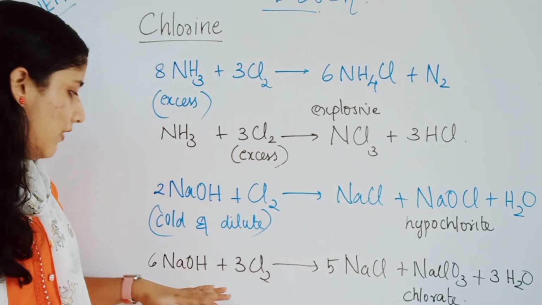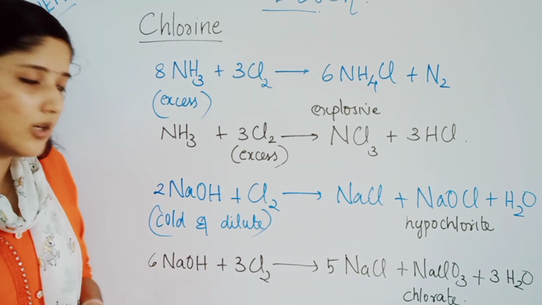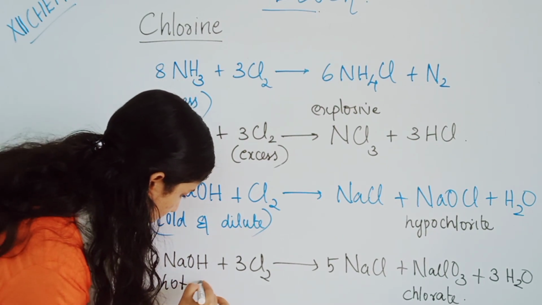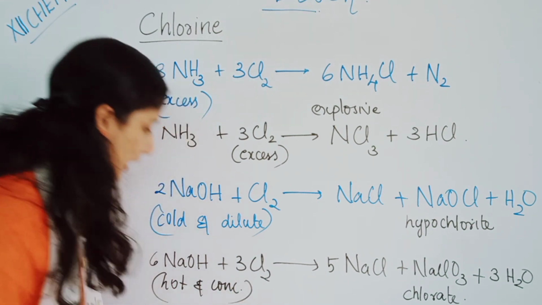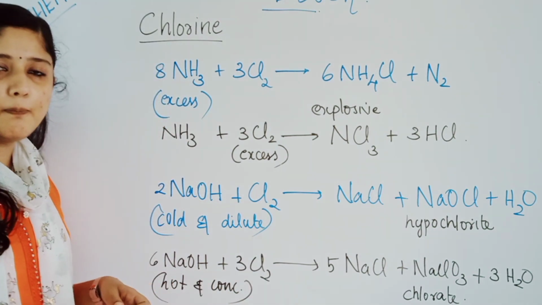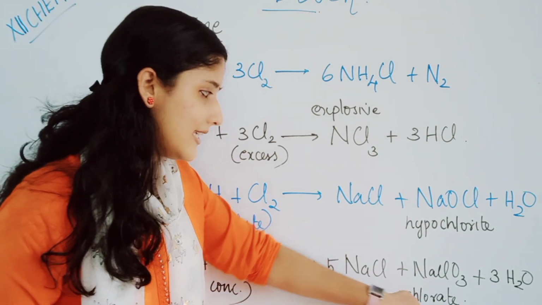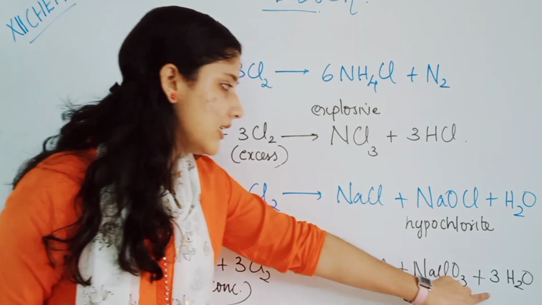When we consider NaOH plus 3Cl2, which is hot and concentrated, hot and concentrated alkali plus chlorine will give you NaCl plus NaClO3, sodium chlorate, plus H2O.